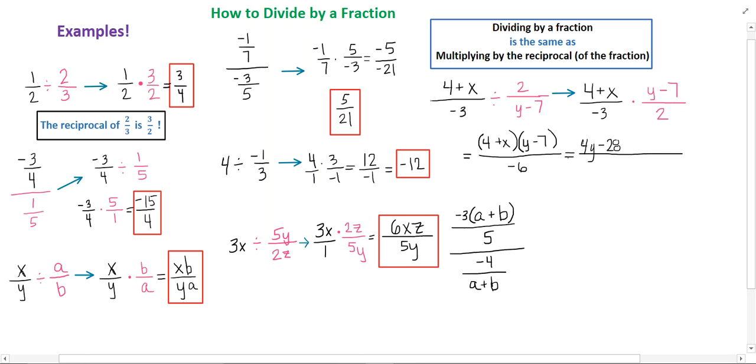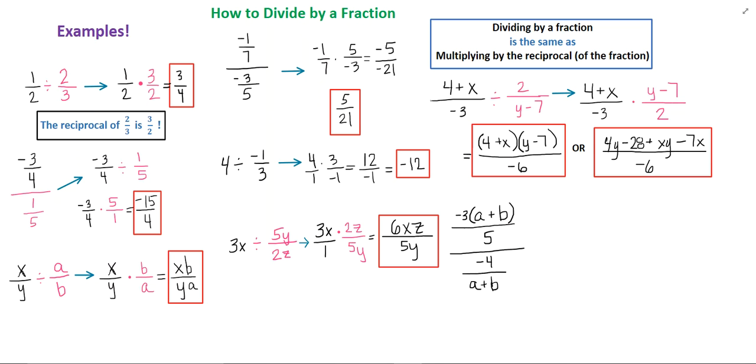The inside terms, x times y, so we have plus xy. And then the last terms, so x times negative 7, so negative 7x. And this would all still be over negative 6. And this would be another way of showing the answer, and both of these are equivalent.